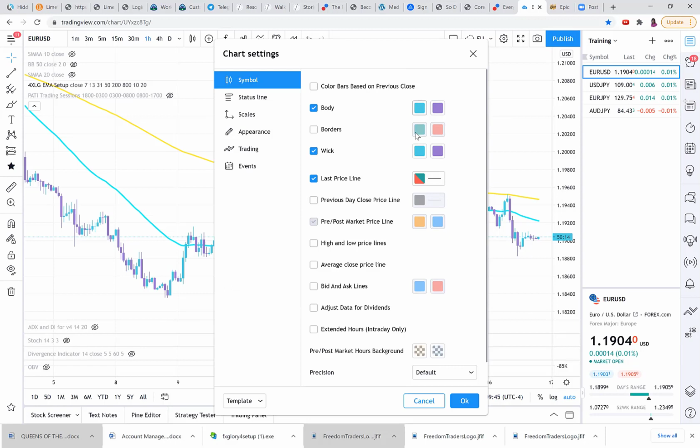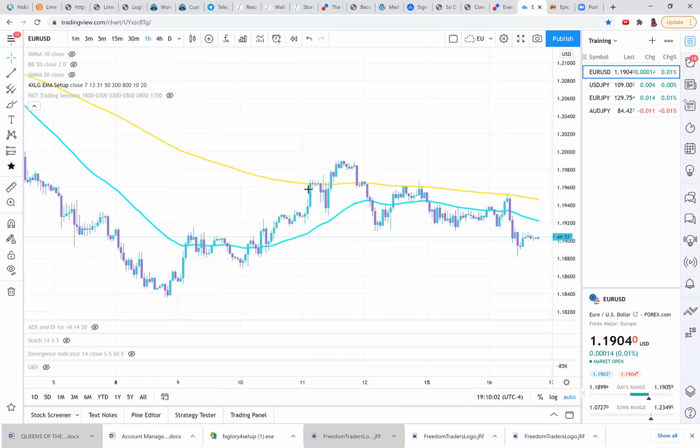So the body of my up candles is this blue sort of teal color, and my bearish or down candles are this purple color. I think it's really cool with TradingView, you can customize your chart to look however you want. So my blue candles are going up and my purple candles are coming down.